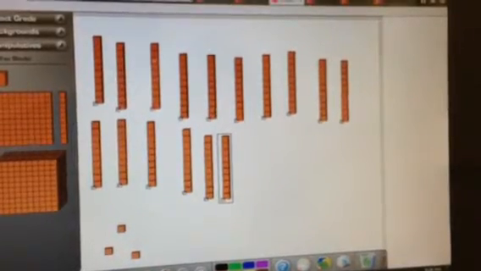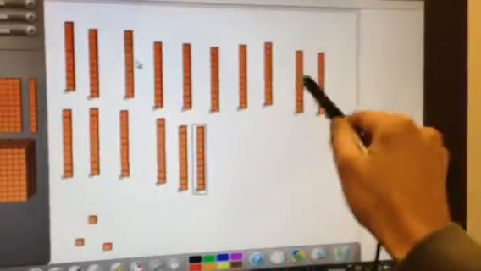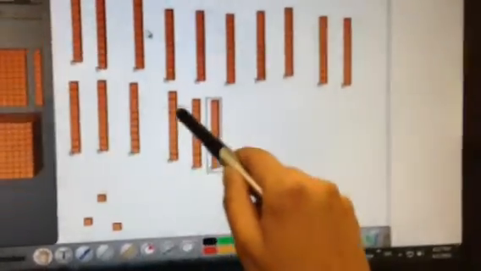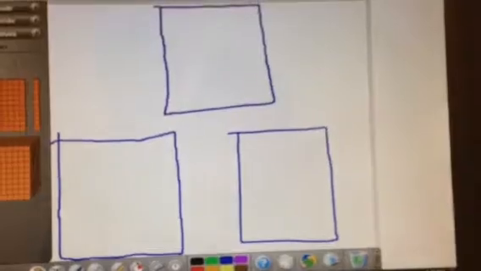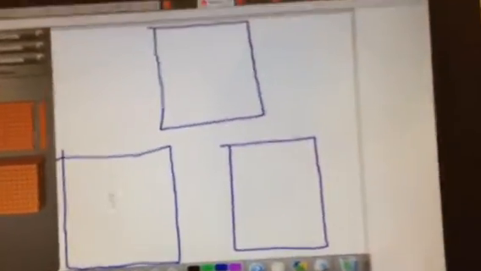So we have 1, 2, 3, 4, 5, 6, 7, 8, 9, 10, and then the initial 6 10 blocks, 1, 2, 3, 4, 5, 6, and then the 3 ones. So I'm going to drag the 10 blocks into each of these 3 equal groups.